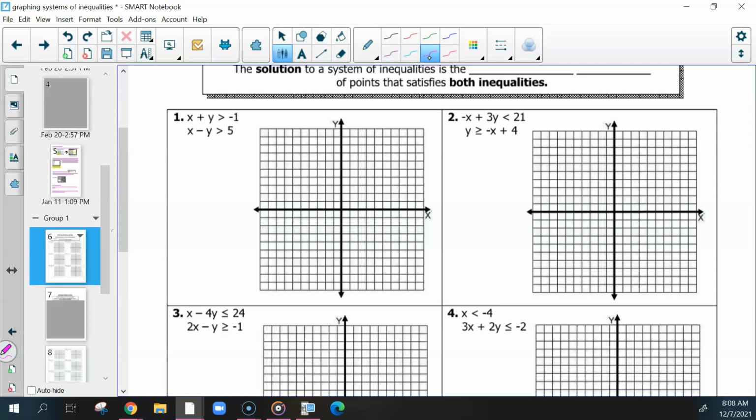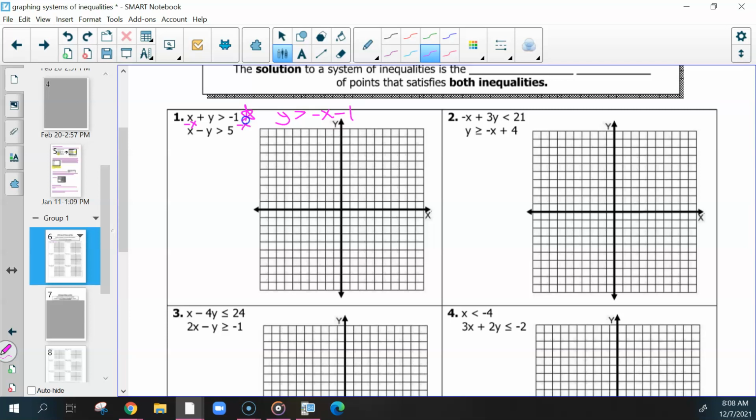If you're going to use 2 different colors, maybe signify that the first one is going to be this color, the second one's going to be this color, or whatever. So we would need to subtract x on both sides to get y is greater than negative x minus 1.